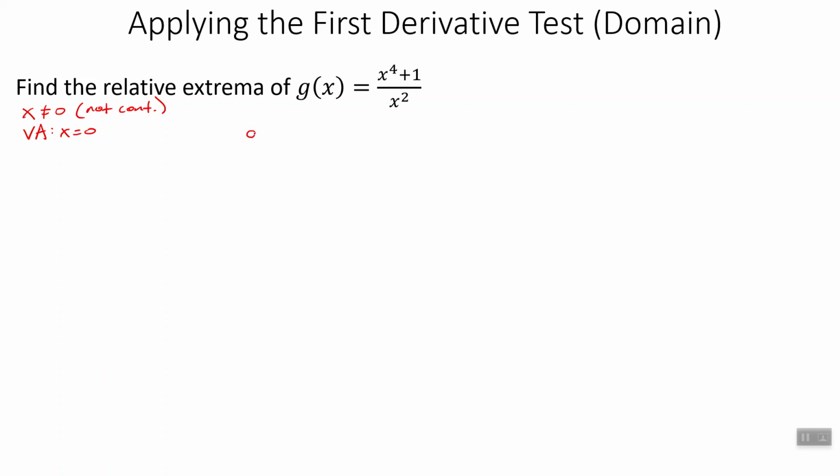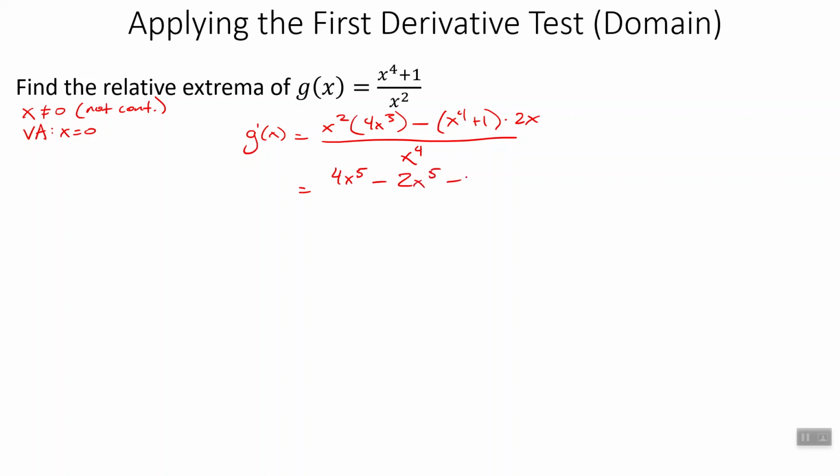All right, so we want to find our derivative. So it's low d high minus high d low, square the bottom, and away we go. So x squared squared is x to the 4th. We're going to get, let's see, 4x to the 5th minus 2x to the 5th minus 2x on top.